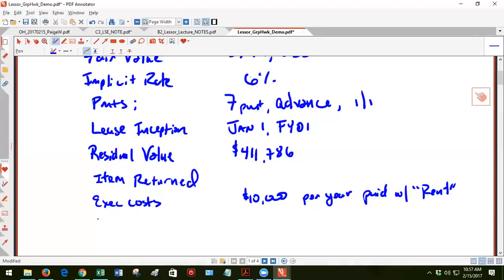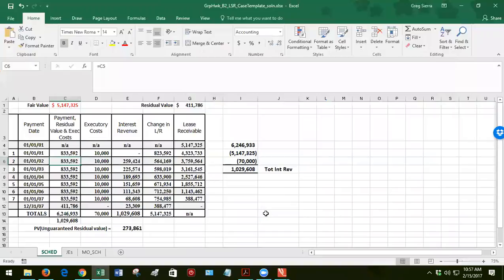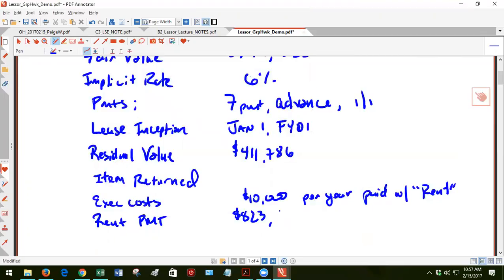So I'll put the rent payment of $823,592, which means that the lease payment with the executory costs is $833,592.